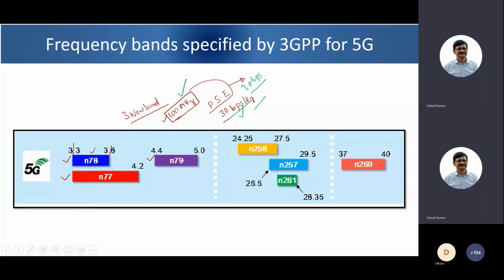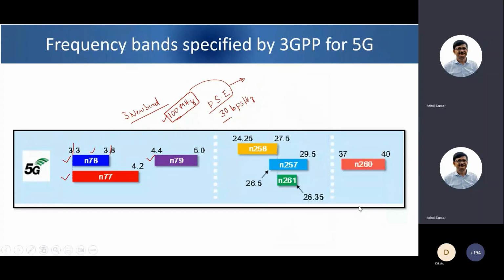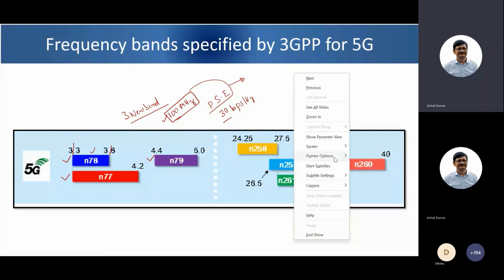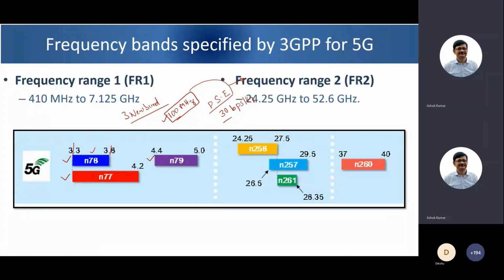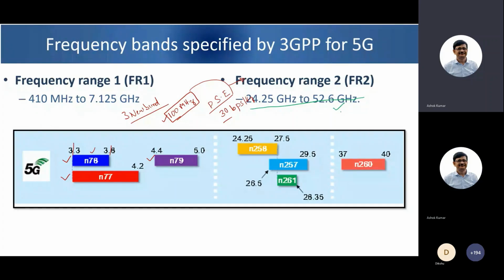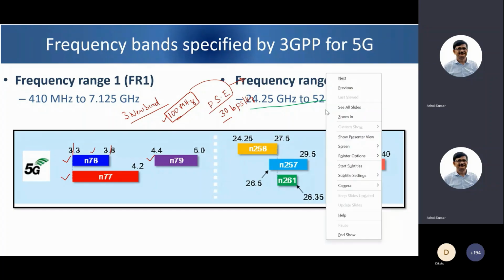Okay, so that is about frequency range 1. Now let us talk about frequency range 2. Frequency range 2 is from 24.25 gigahertz to 52.6 gigahertz. This is completely a new band, if you recall.